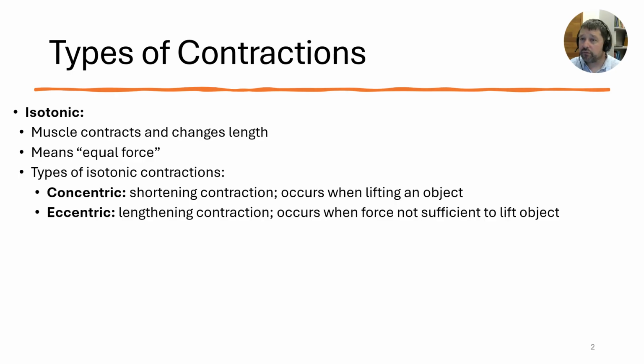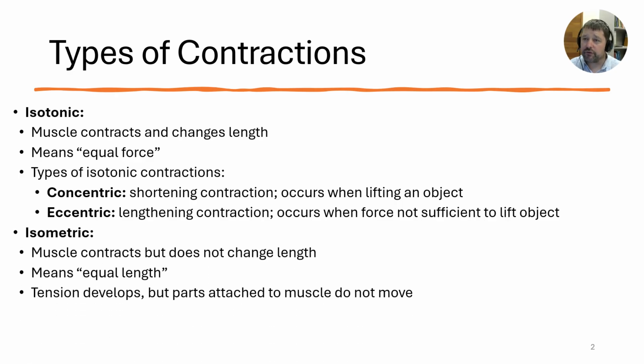Another way in which we can have a contraction is what we call isometric. That's when the muscle doesn't change its length, but it's still stimulated, and the muscle will flex.